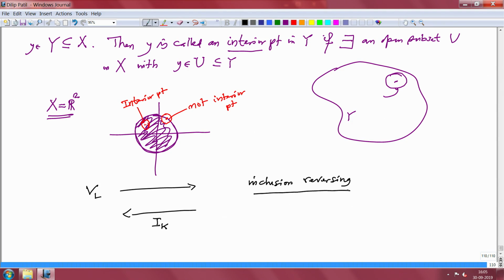What does that mean? If there is inclusion between the ideals, then VL will reverse the inclusion. Similarly, IK is defined for any subset. If one subset is smaller, then IK will be bigger, because IK is precisely all those polynomials which vanish on the given subset.